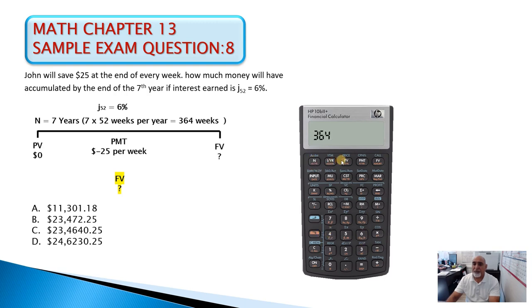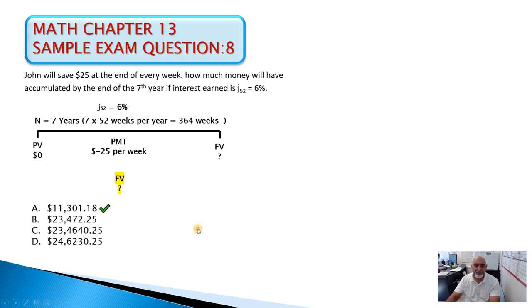Done. PV is 0. Payments, $25 every week out of our pocket. That means negative. And press FV. $11,301 is what we will have in our bank account. That is the correct answer.